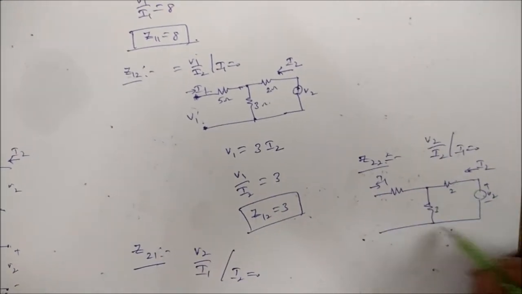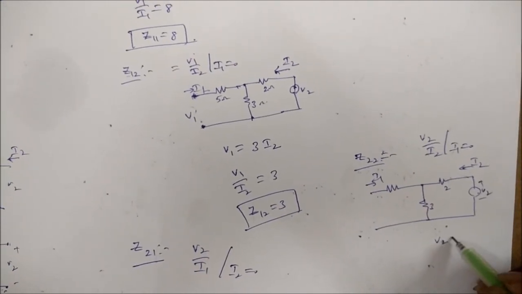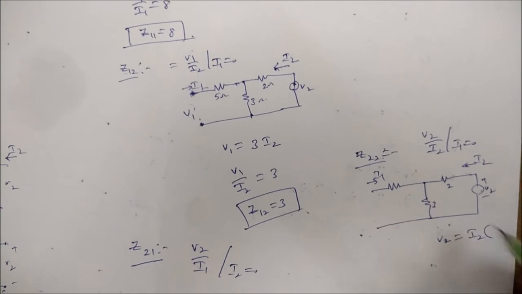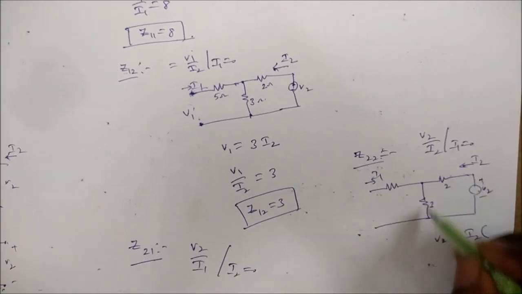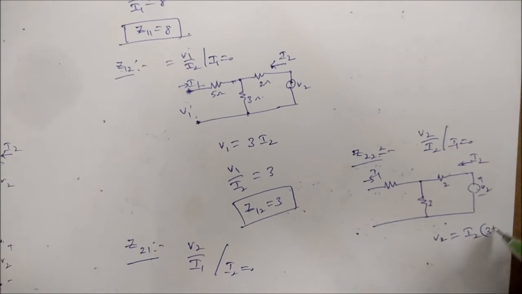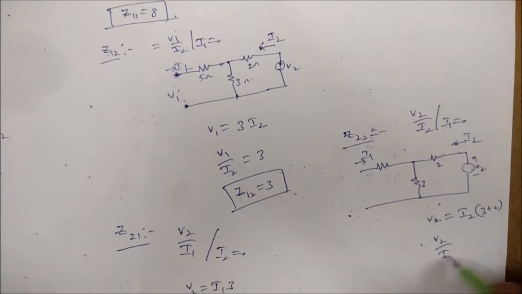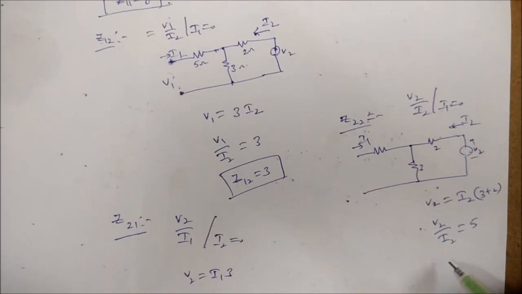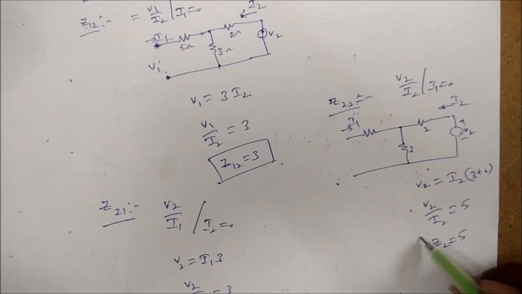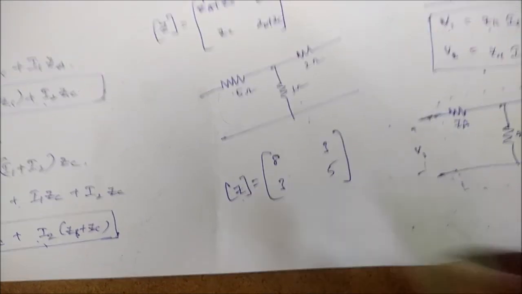So now the circuit is like this. V2 is equal to I2 into, the loop is like this, 2 plus 3. These two are in series. So V2 by I2 is equal to 5. Understand? This is Z22 equal to 5.